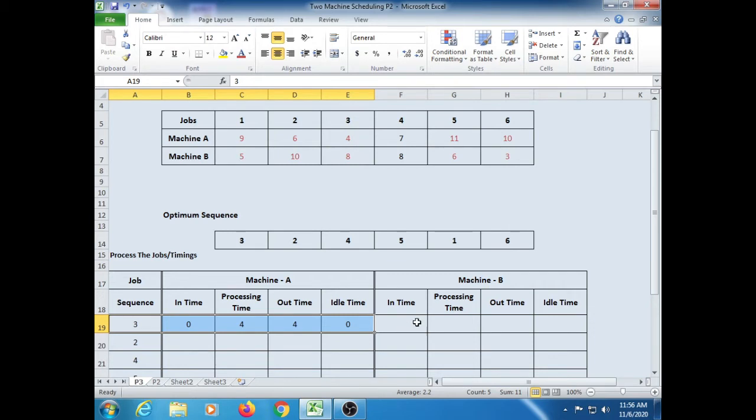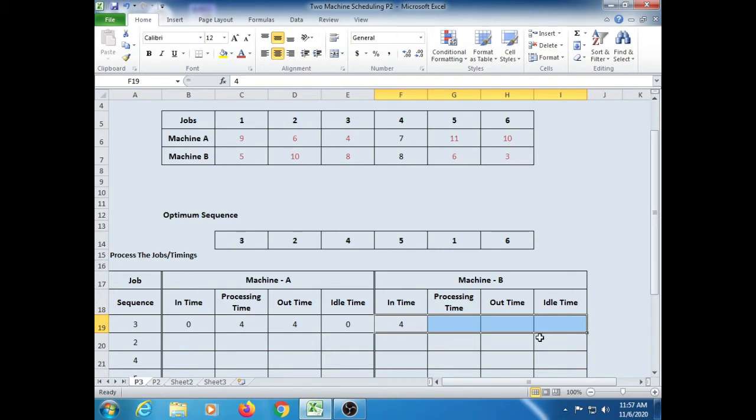So for machine B, what is the in time? At 4th hour we have processed the job on machine A completely, then at 4th hour we can process the job on machine B. The order of the machine is A and B.